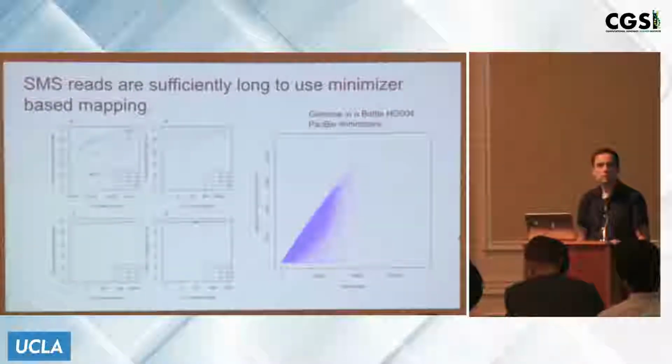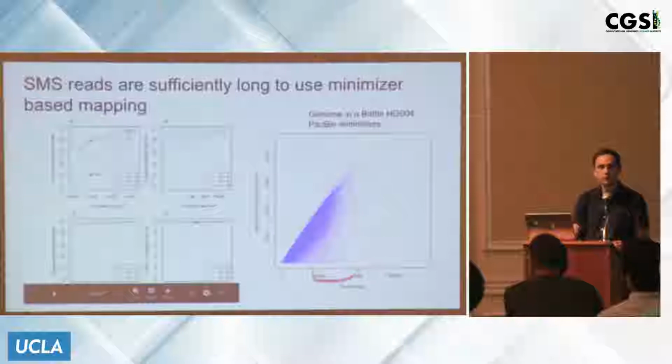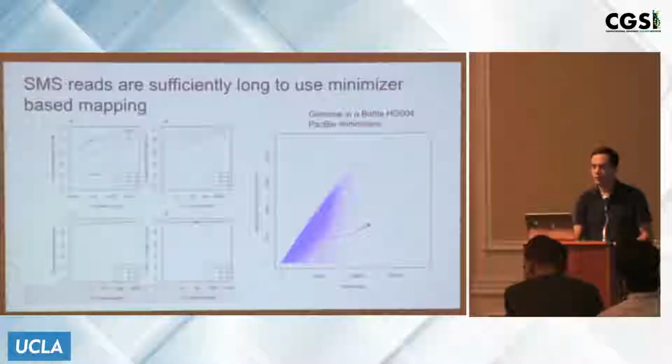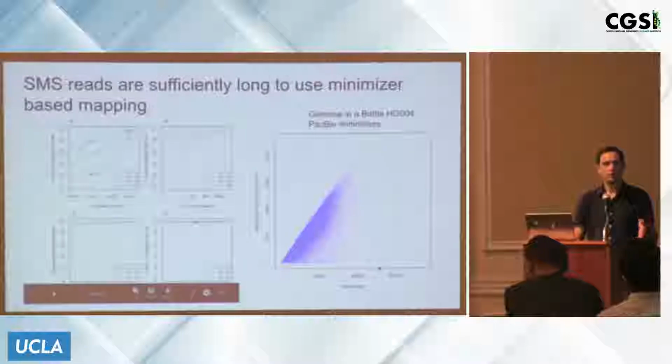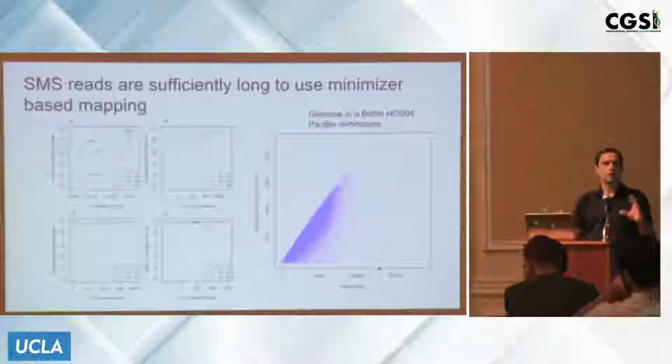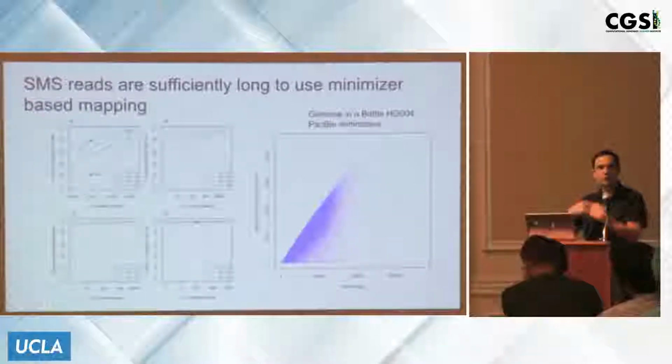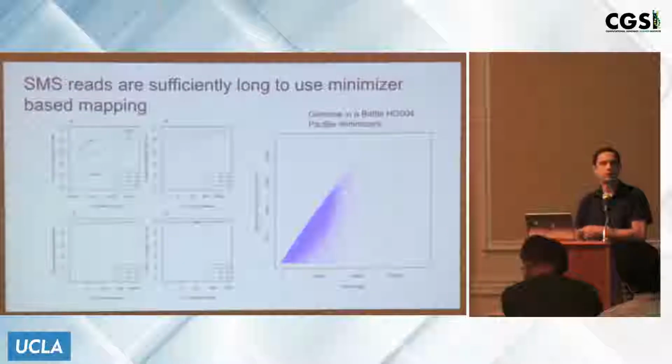Can you explain what the x-axis and y-axis are here? This is just the length of a read. It's just a scatter plot. I took a bunch of reads, found the minimizers, scanned through, and looked for clusters, and I'm not getting into the details of how that clustering is done, but given the top ranked cluster between the read and the reference, how many minimizers are there?